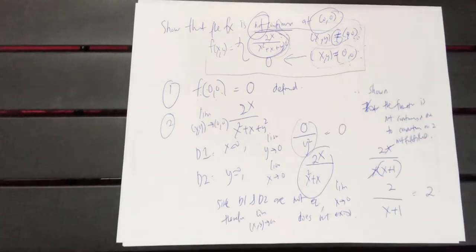Ataupun, it's shown because the limit does not exist. That one is the short one lah. Okay, saya rasa yang tu kot. I mean the better one, you just mention that the limit does not exist, therefore the function is not continuous.